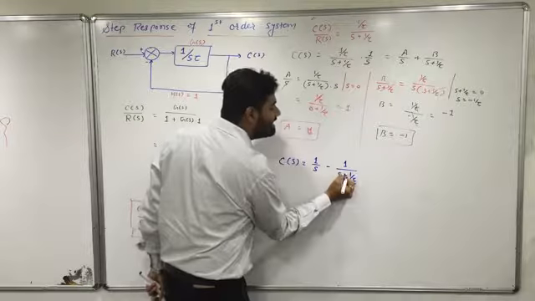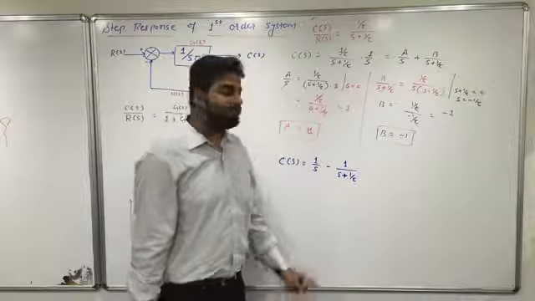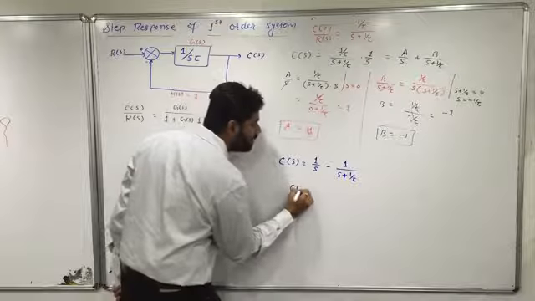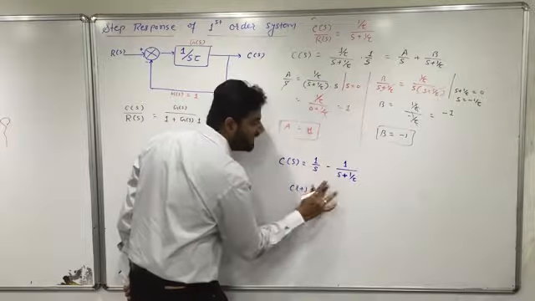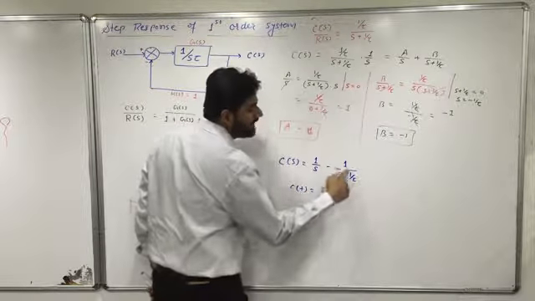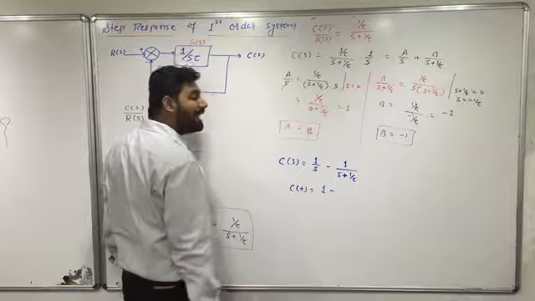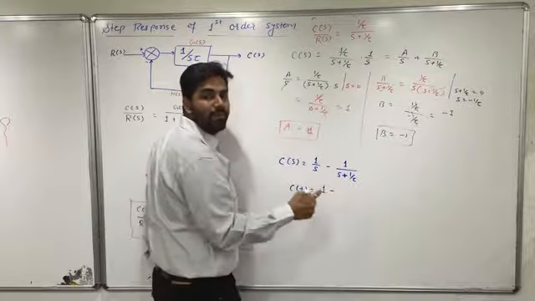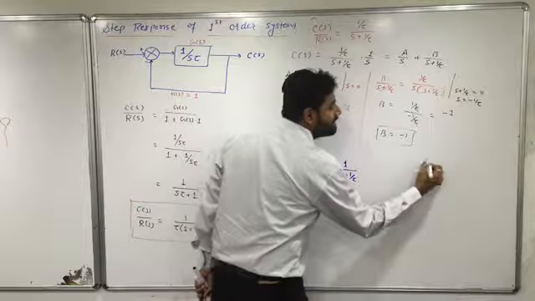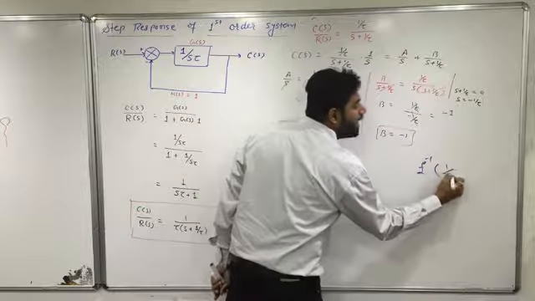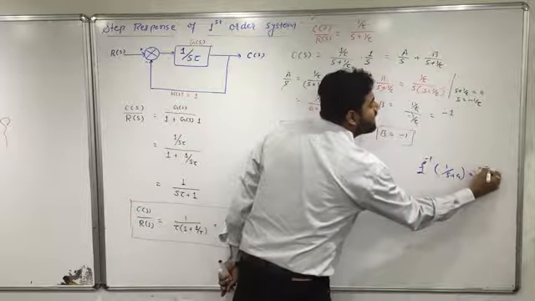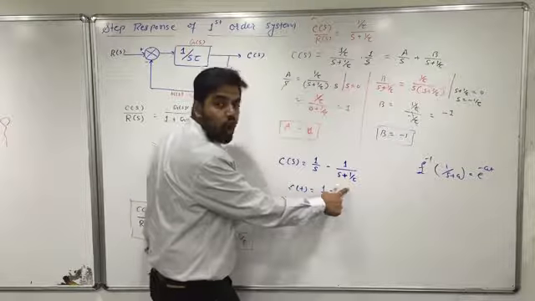Now I can easily find out the Laplace inverse of it. I know that the Laplace inverse of 1 upon s is equal to 1, minus the Laplace inverse of 1 upon s plus a, which is e raised to minus at. Instead of a, I have 1 upon tau.